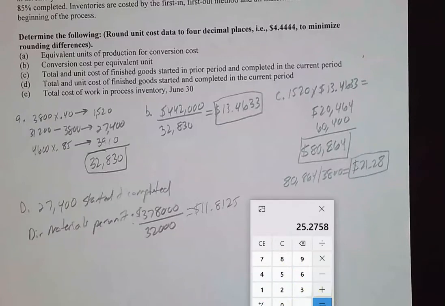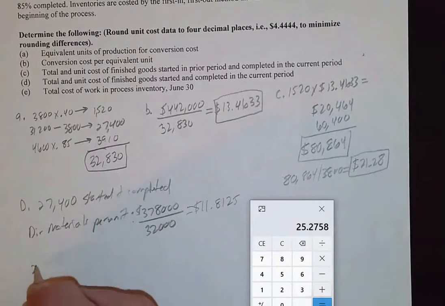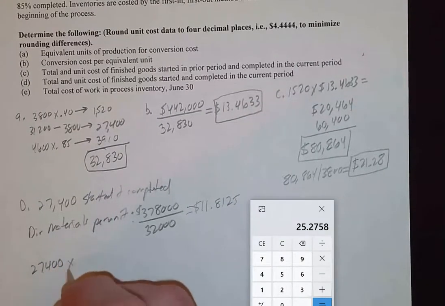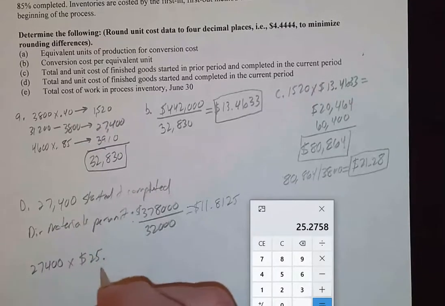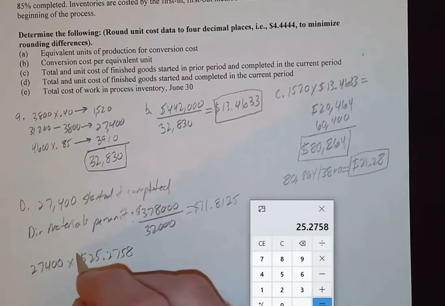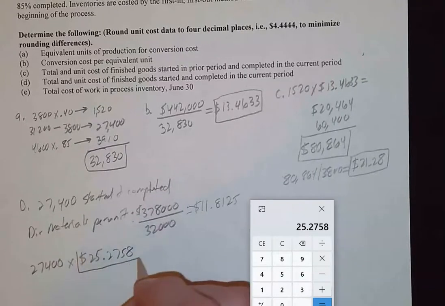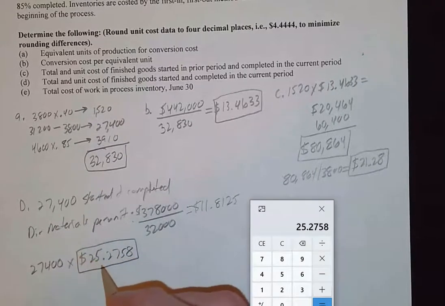And so what we could say is that we have 27,400 units times $25.2758. And this figure right here is the second part of the answer.